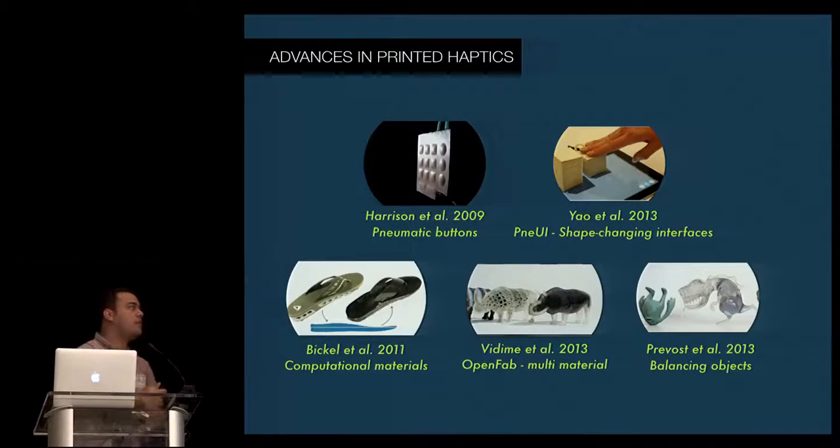Now, many in this field are looking at ways of enhancing the expressivity of physical materials through 3D manufacturing. In particular, there's work that looks at making dynamic interfaces using things like pneumatics, as well as the new expanding body of work that's looking at multi-material printers, so creating and computing gradients and dithering between multiple materials in order to achieve new types of behaviors.